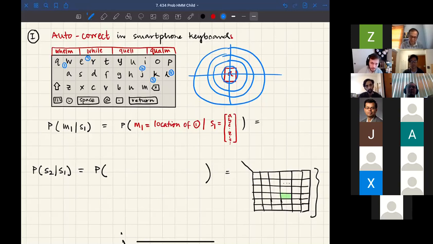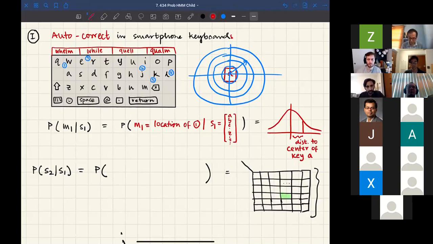And if I know the mean and variance of that Gaussian, I can now say, okay, here is my Gaussian. Imagine this is 2D, but I'm just drawing it as 1D. This is what my distance to the center of key A is.